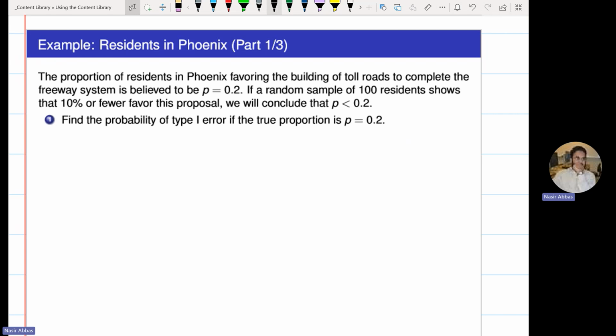So you are actually testing H0, that P is 0.2, versus H1, that P is less than 0.2. And what is the rejection region?